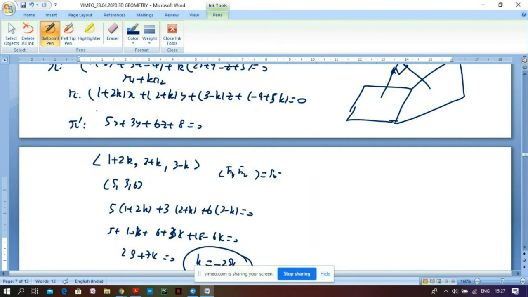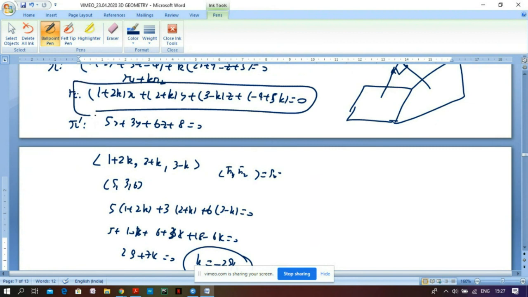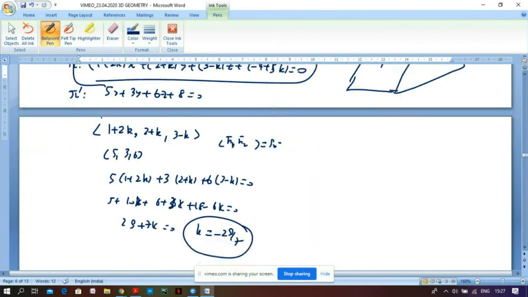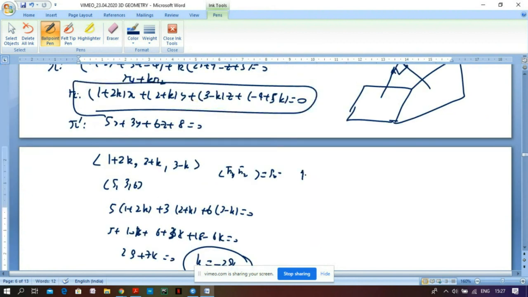Now our job is just to get the answer. So this is my plane. I already got the value of k. So I can write 1 plus 2k, that is 1 minus 2 times 29 over 7, times x, plus 2 minus 29 over 7 times y, plus 3 plus 29 over 7 times z, and then minus 4 minus 5 times 29 over 7 equal to 0.